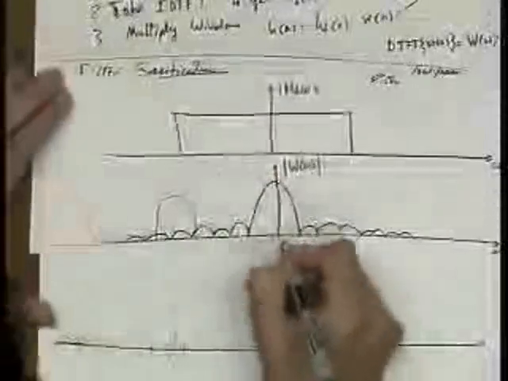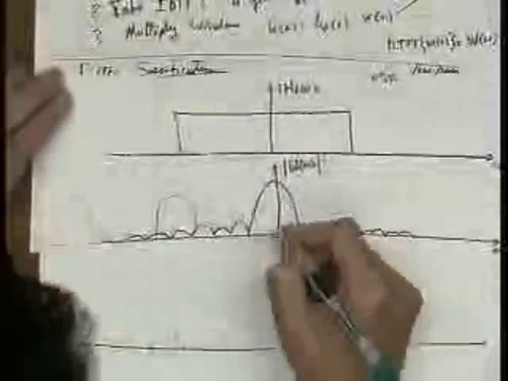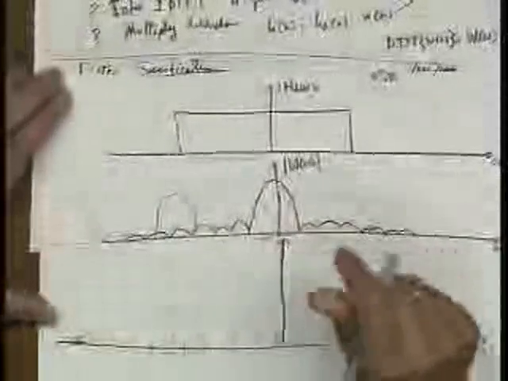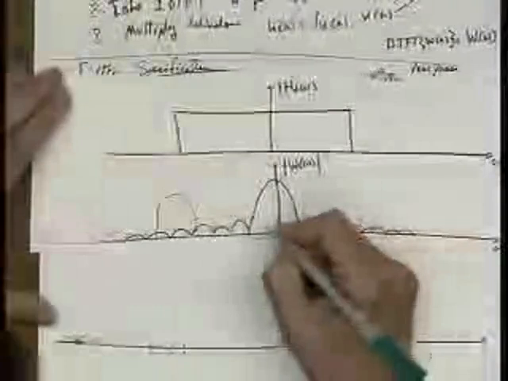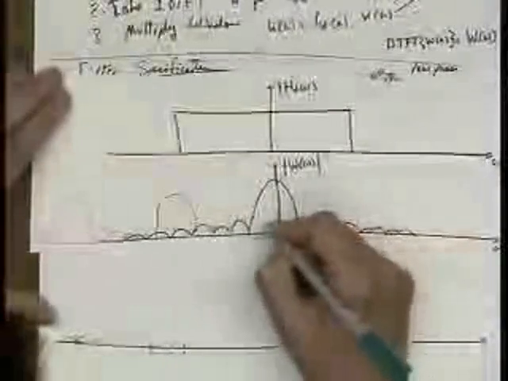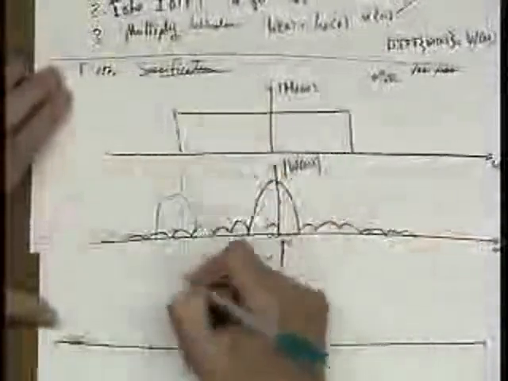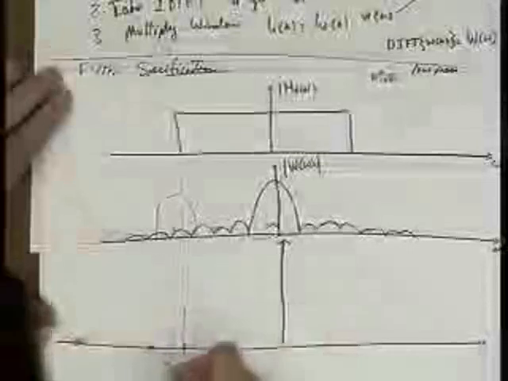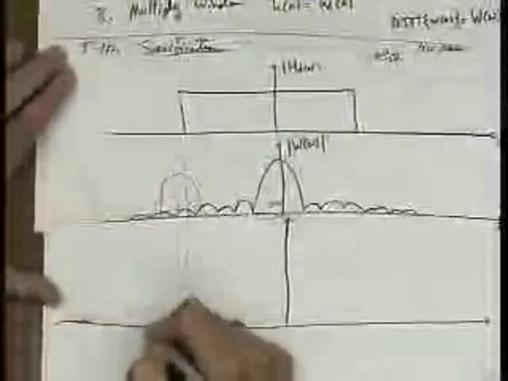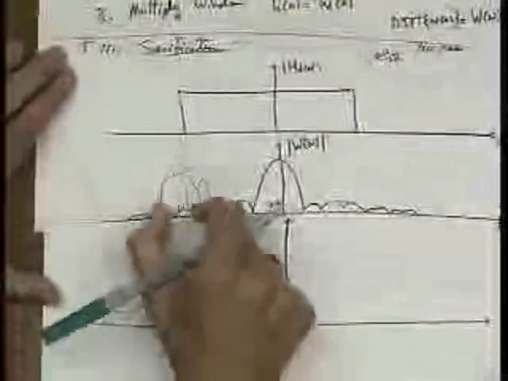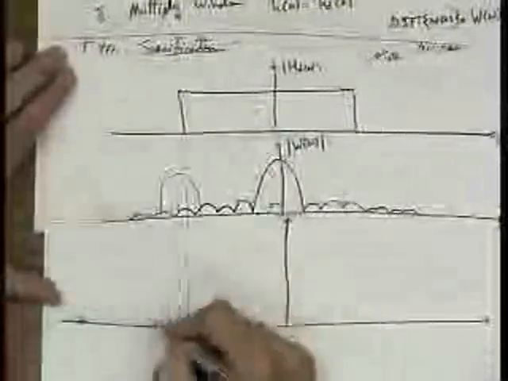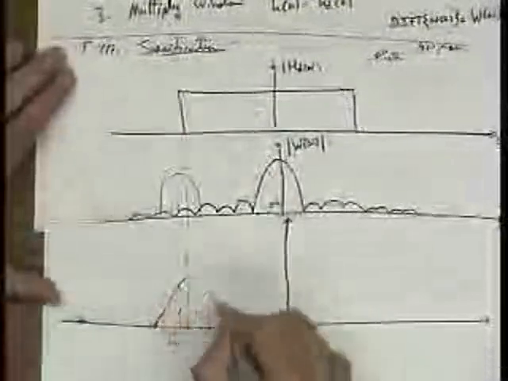So if the width of this thing is, let's call it, delta omega naught, then delta omega naught before I hit this guy, I start having non-zero contributions because this starts overlapping with that, and boom, this starts going up.